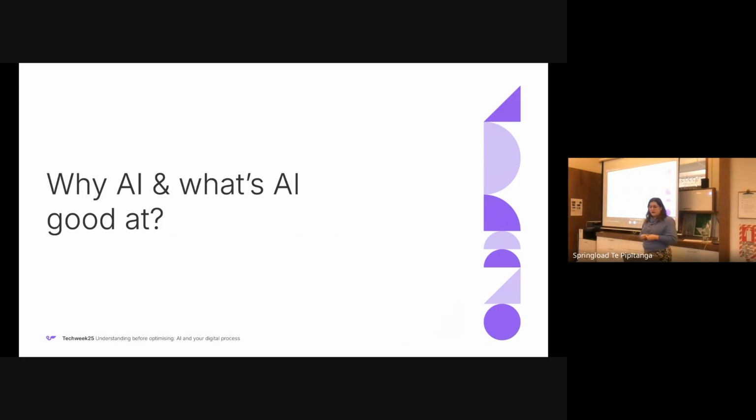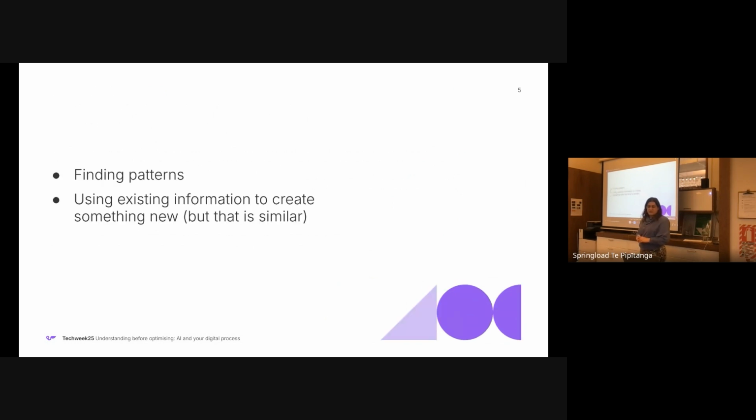It's also strong in some areas like predictive analysis, image and speech recognition, natural language processing, and decision optimization. What we're particularly interested in is using AI for finding patterns and for using past information to create new stuff that is inspired by, but not the same.